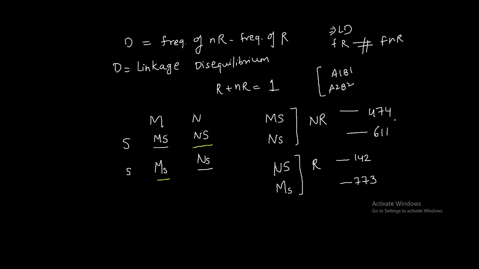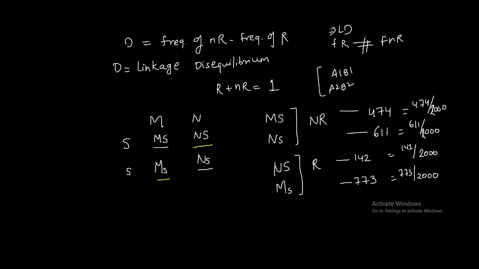You can calculate the frequency of M and S. It is going to be 474 divided by 2000, similarly 611 divided by 2000, 142 divided by 2000, and then 773 by 2000.